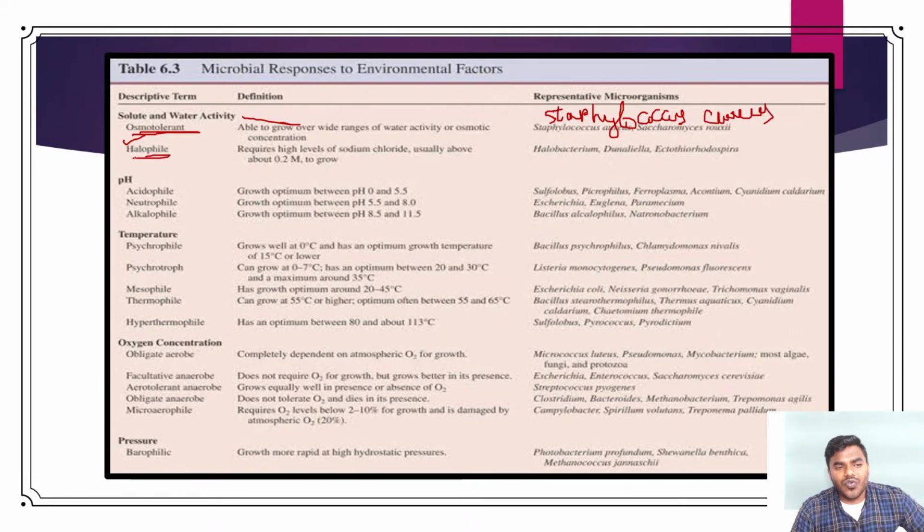Now halophile. Halo means what, friends? The organisms which require sodium chloride, high salinity condition. And friends, please don't think that bacteria can grow at any kind of salinity condition. That is also not a correct statement. Every bacteria has particular salinity conditions only. Some bacteria above that level can grow, some above that level cannot grow, some below that level cannot grow, some below that level may grow.